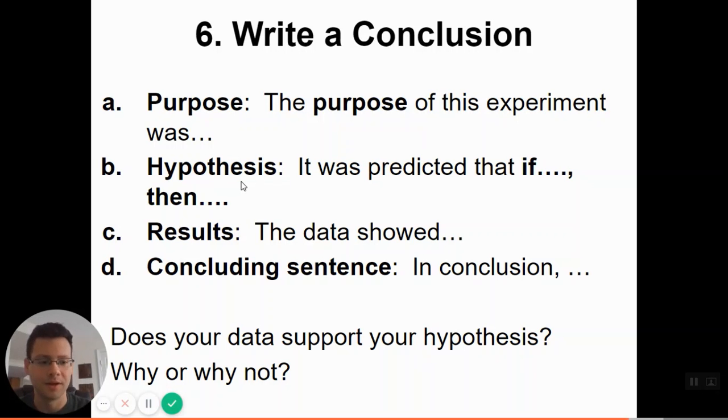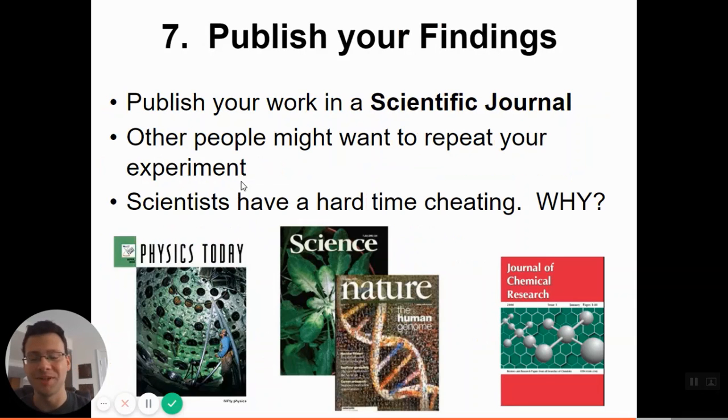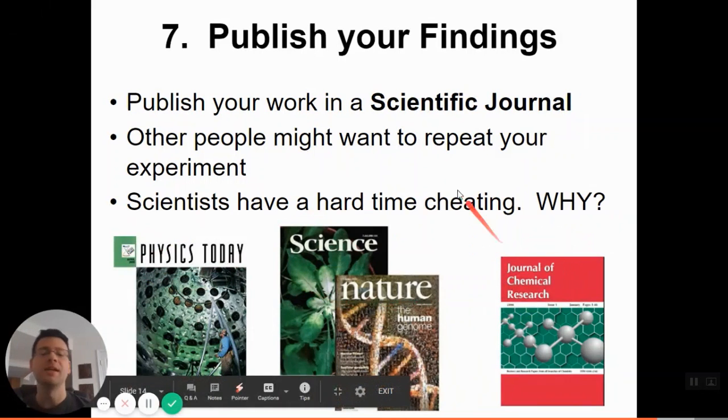Honesty is paramount here. Especially in our current environment where it's getting a little bit difficult to figure out what's scientifically accurate or not. If you are lucky, again, most things are not published, but if you go through a rigorous peer review process where maybe other physicists or other biologists or other chemists look at your study and approve it, you can get it published in a scientific journal.